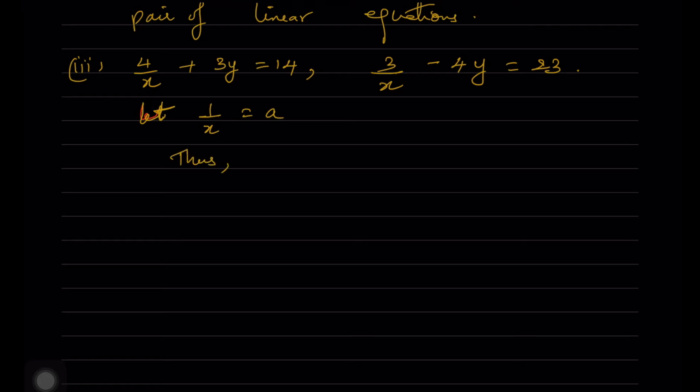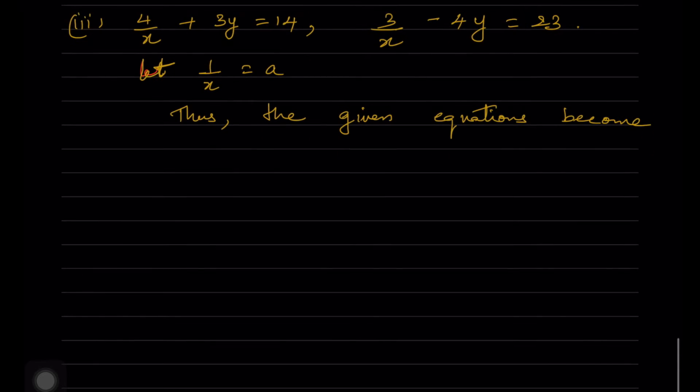So here we are taking, let 1 by x be equal to a. Thus the given equations become 4a plus 3y is equal to 14 and 3a minus 4y is equal to 23.